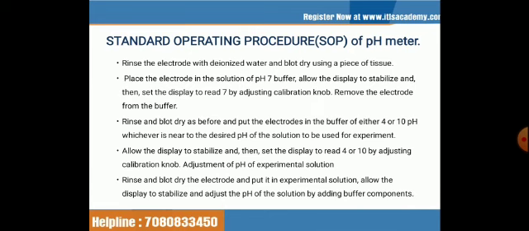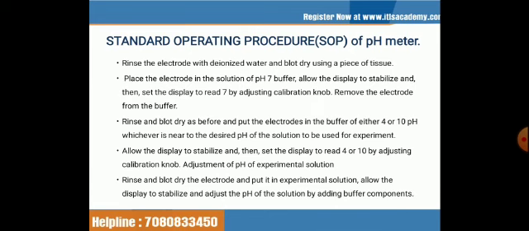Again, you have to rinse and blow dry as before, then put the electrode in the buffer of either pH 4 or 10, whichever is nearer to the desired pH of the solution to be used for the experiment. Whatever solution you want to measure the pH of, you choose the buffer solution accordingly.